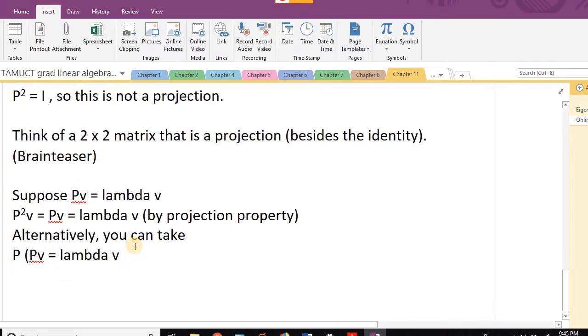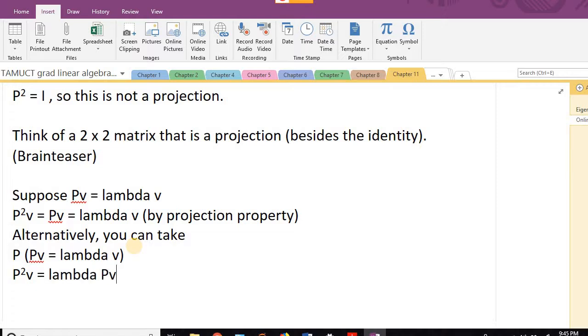And what does that tell you? What is that going to give you? P squared V equals P times lambda V. Yes, that's right. You can take the lambda outside.